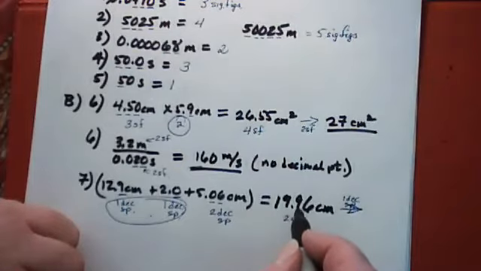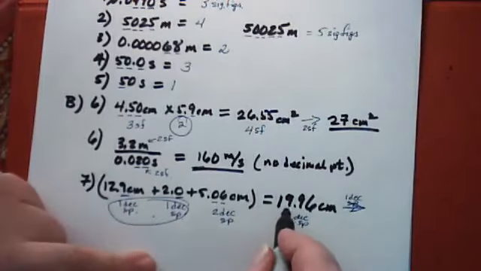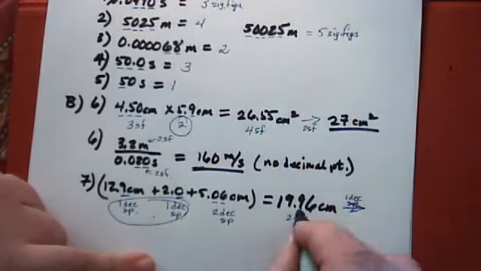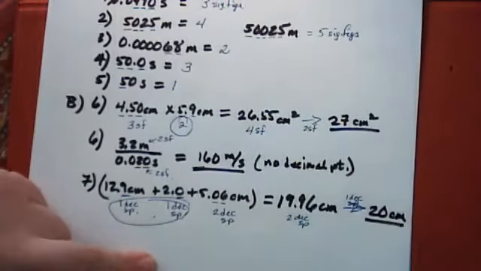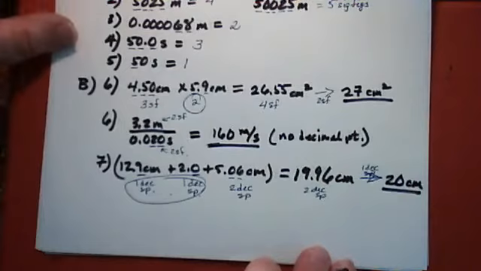Now the first number we're dropping is a 6, which means that the last number before that has to go up by 1. But the last number before that is 9, which means if that goes up by 1, it becomes 10, which adds to the 1. So 19.9, when you round it up by 1, comes out to be 20.0. So that number, to the proper number of significant figures, is 20.0.